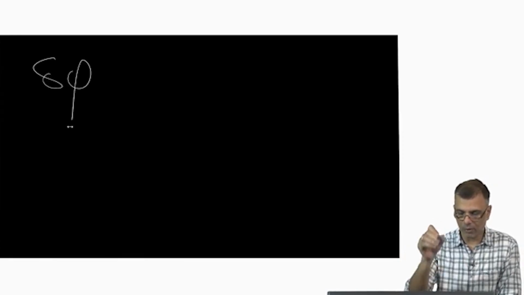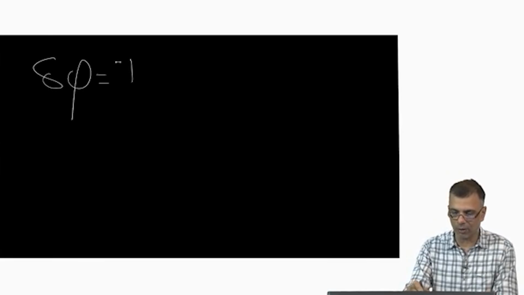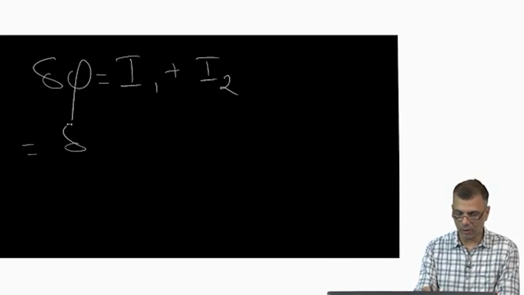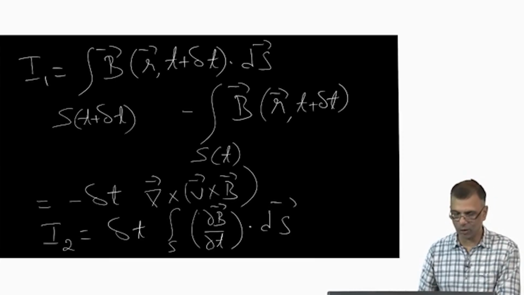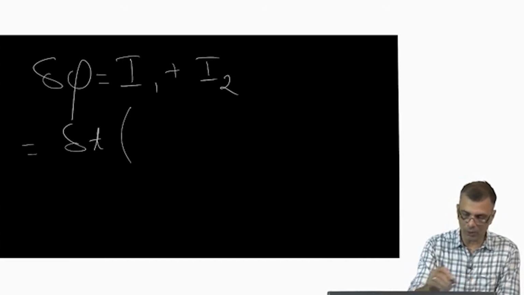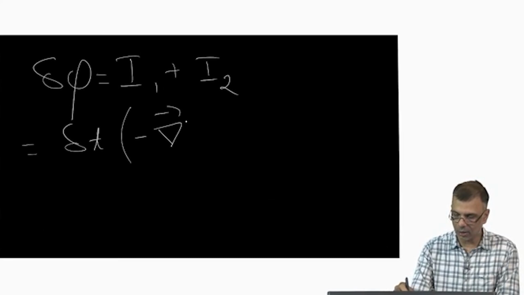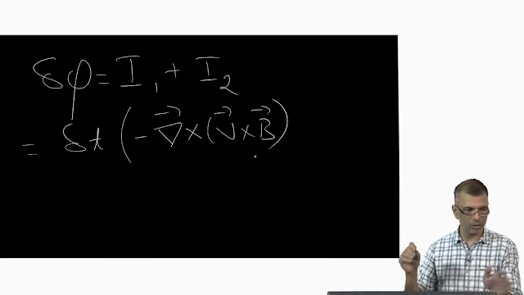So therefore delta phi, which is what at the end of the day we are concerned with, and we wrote down delta phi as I1 plus I2, is equal to delta t times, because we identified I1 as curl of V cross B times delta t, we write down this as delta t times minus curl of V cross B. This is I1, this is done.